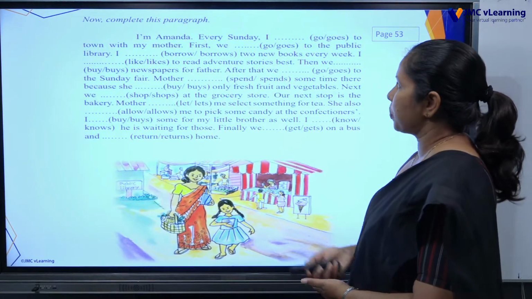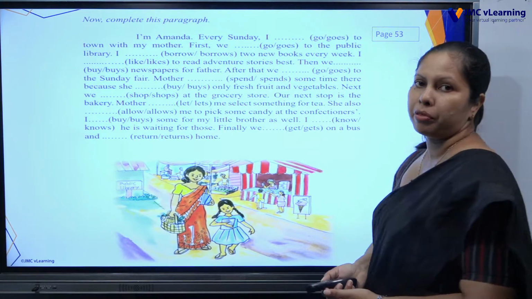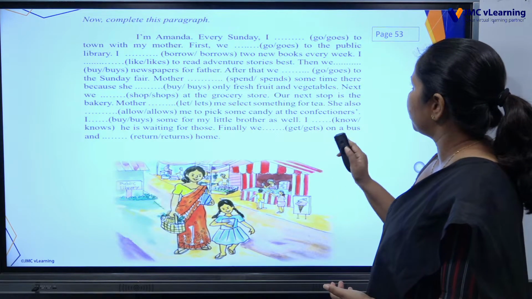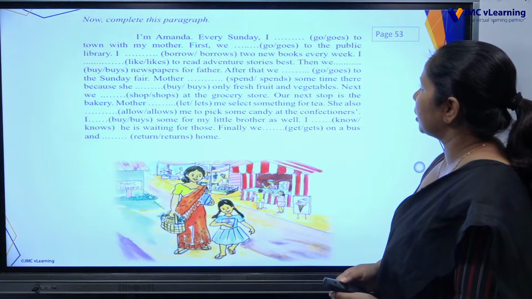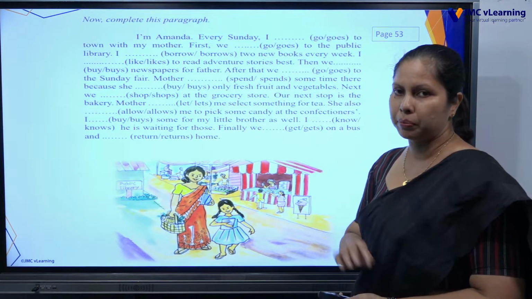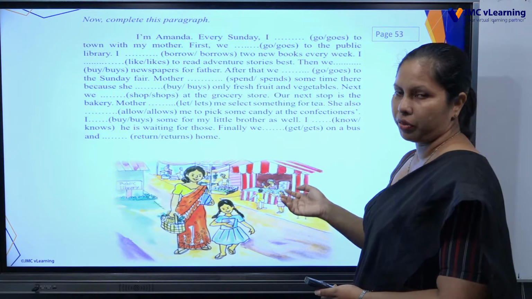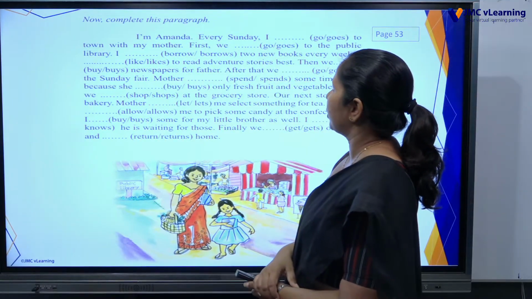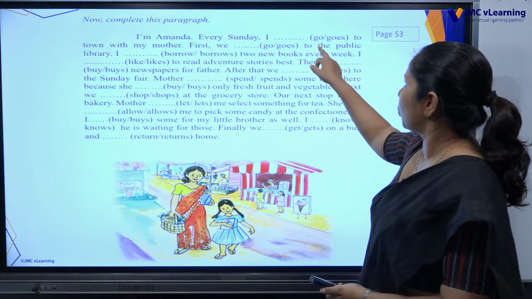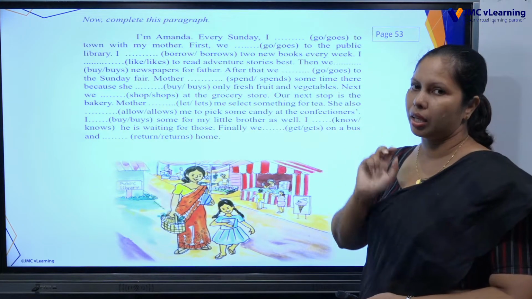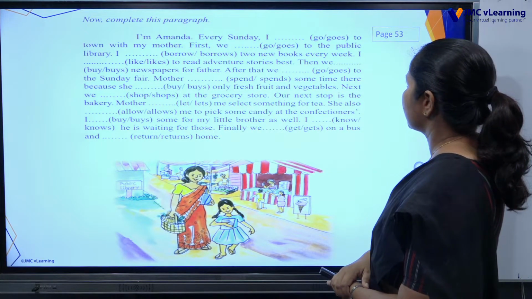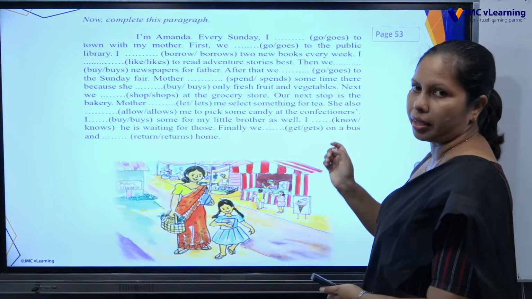You will find this paragraph on page number 53 in your book. Here also you need to select the correct form of the verb to complete this paragraph. We will read it. I am Amanda. Every Sunday I goes. They have given you two verb forms, so we have to select the correct one.